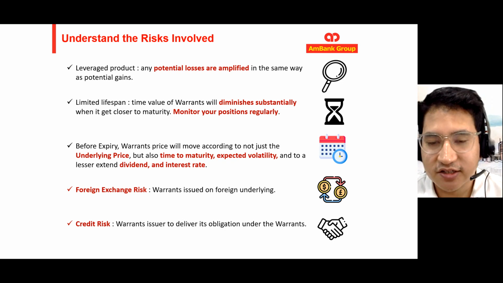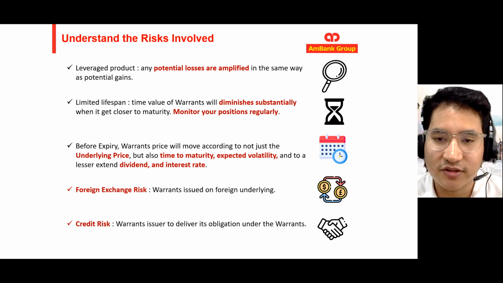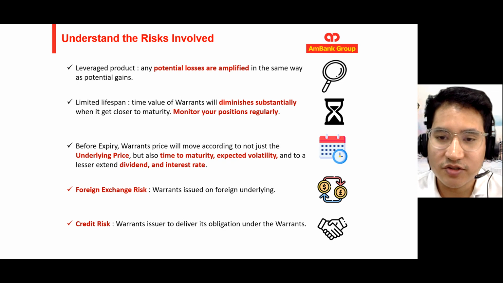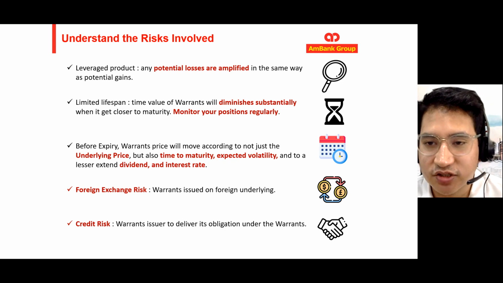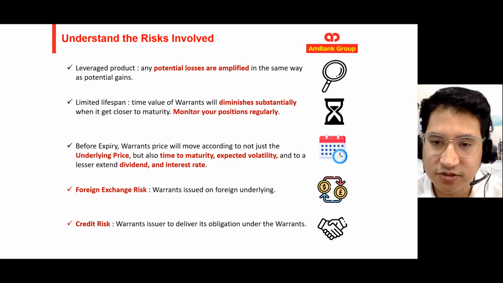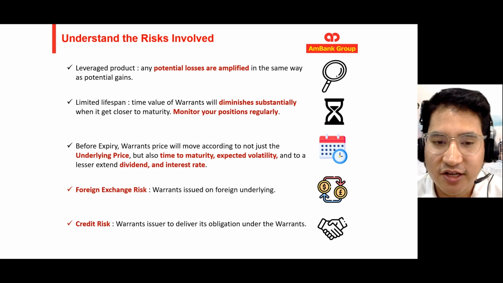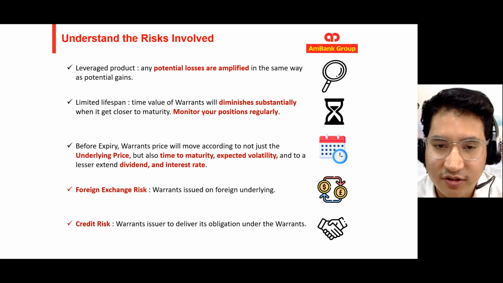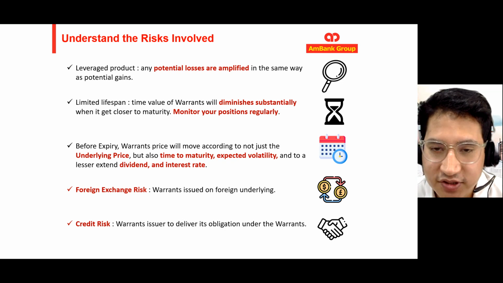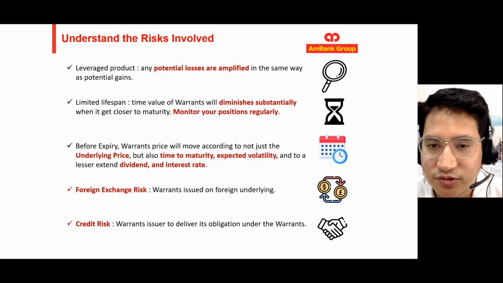Another thing is that structured warrants have a limited lifespan, like I mentioned, with the maturity date. So the time value of warrants will diminish substantially when it gets closer to maturity. So you have to monitor your positions regularly, and see our price matrix, at what price you would like to enter or exit.